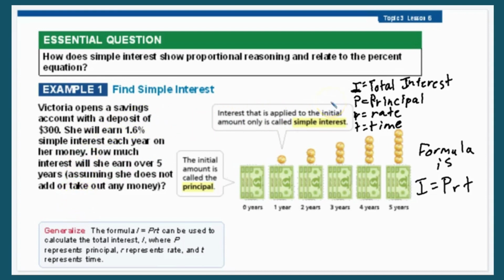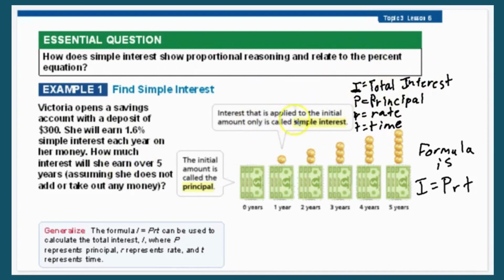Well, to solve this, we use the formula I equals PRT, okay? Where I stands for interest or total interest, P stands for principal, R stands for rate, and T stands for time, okay? So all of these letters stand for specific numbers in the problem.